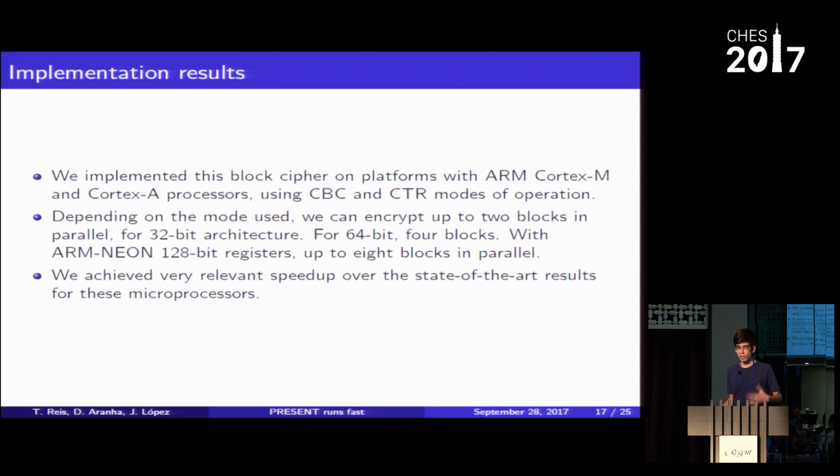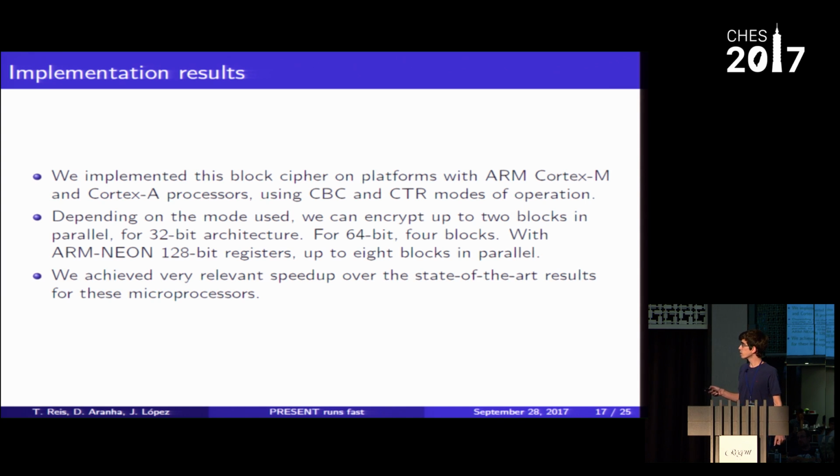And now, regarding PRESENT, once again our specific subject of study, we have some implementation results to show. First, our target architecture was ARM processors, mainly Cortex-M and Cortex-A processors, and we used the scenarios proposed by the FELICS framework in order to provide a fair comparison with the literature.